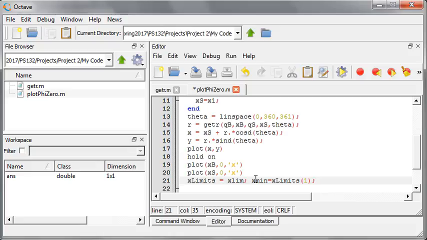I'm calling that xmin, and xmax equals xlimits of 2. And then I think I gotta look at that again.